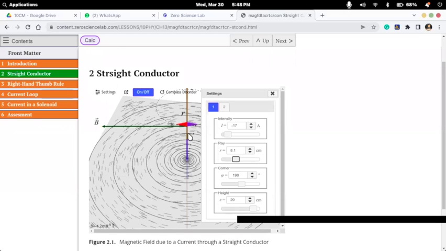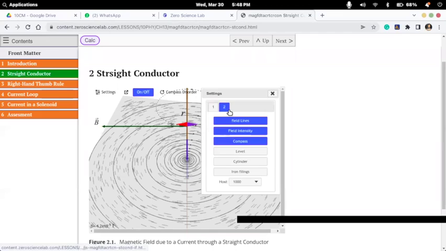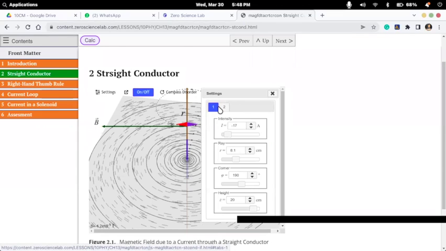For a straight conductor in which current is passing, isn't it? Yes, sir. In the case of a straight conductor with current flowing through it, it produces a magnetic field in the direction of the tangent, right?